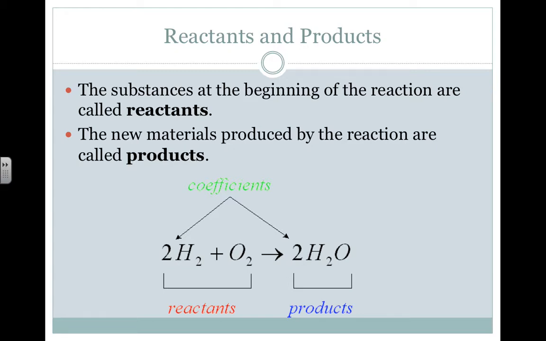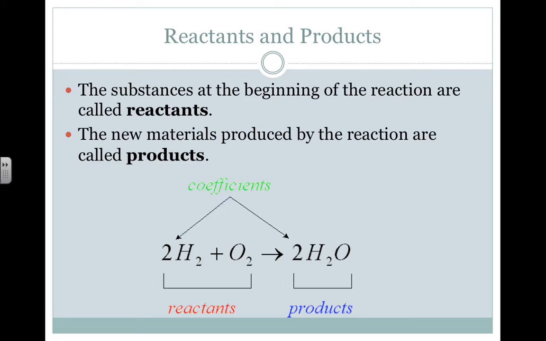When we have a chemical reaction occurring, we break it onto two sides of the equation. The left side we call the reactant side, and the right side we call the product side. The reactants are the substances at the beginning of the reaction, and the products are the new materials produced by the reaction.